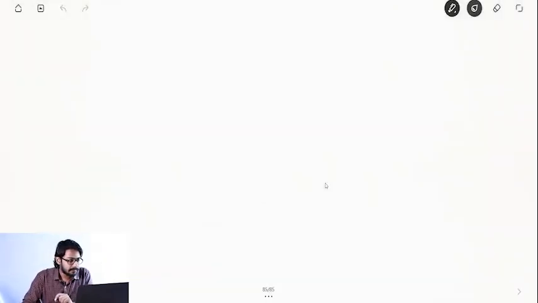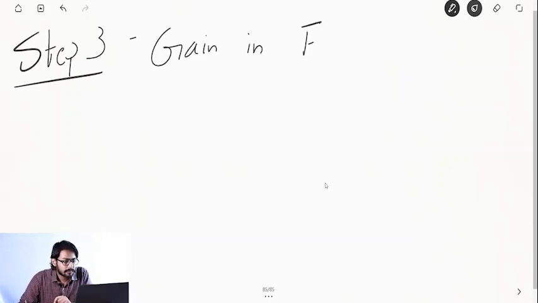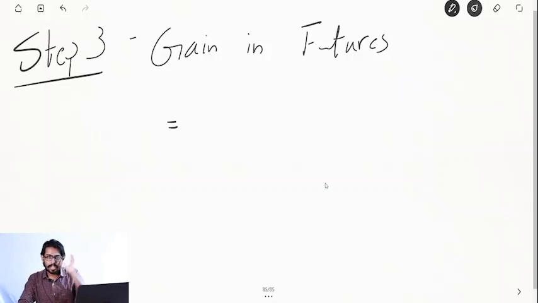Step 3. Gain in futures is equal to, we just have to pay attention. We have done this in the earlier question also, the same note. Pay attention. What is the gain in futures?